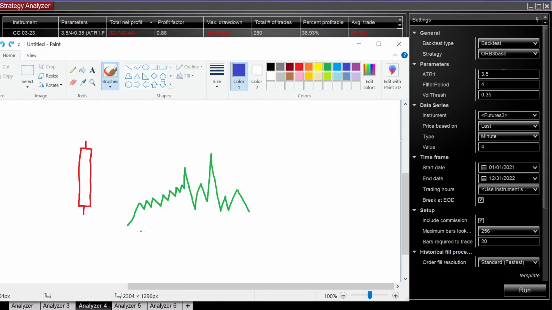It's a terrible indication, but it'd be like this. Whereas our wider ATR, because it's always there, it's just whether or not it's activated, is like this.